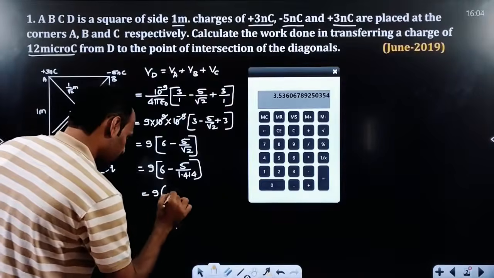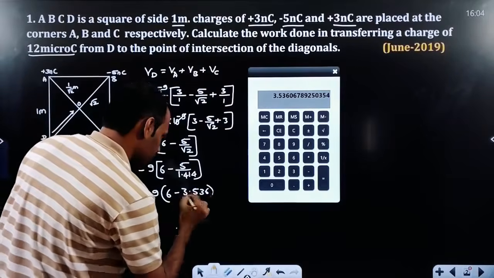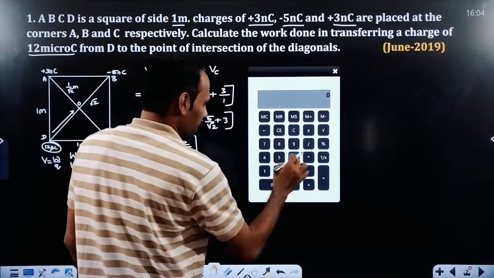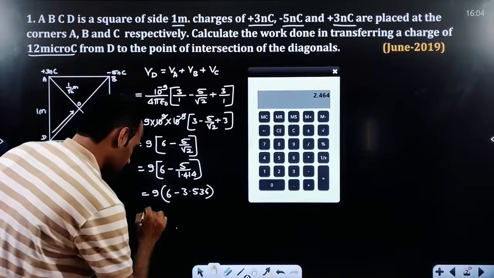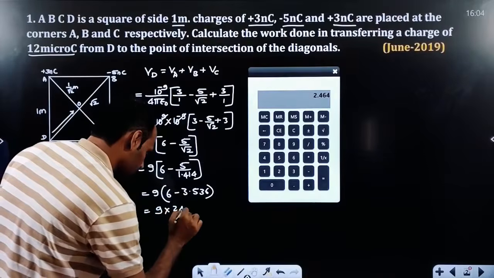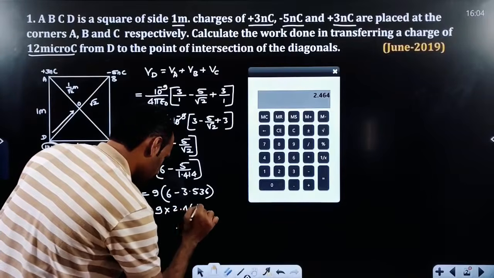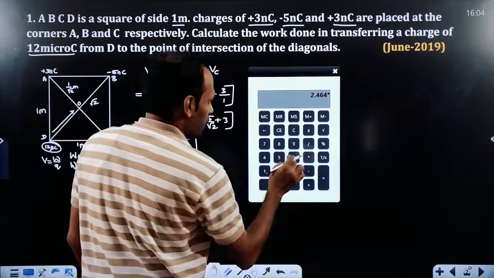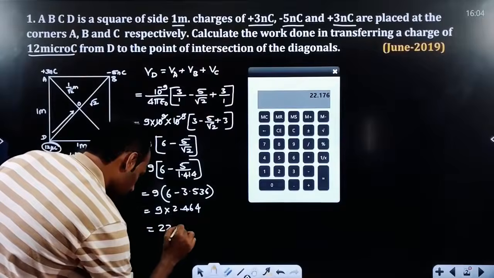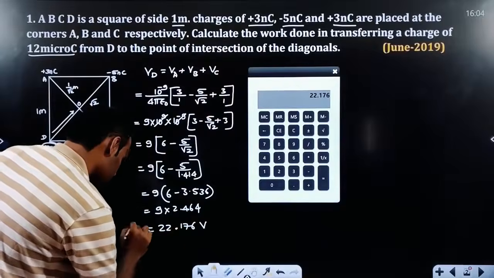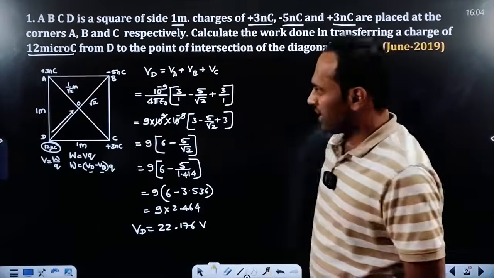I will get 9 into the bracket 6 minus 3.536. This will be equal to 2.464. 2.464 into 9, so this will be 22.176 volt. This is the potential at point D. That much is the potential at point D, right?